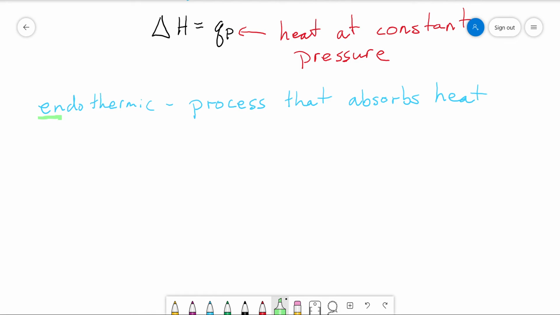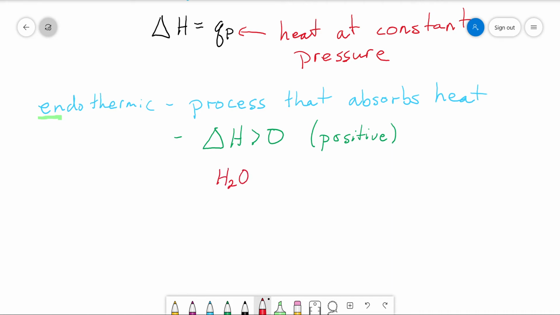Endothermic starts with EN, enter starts with EN. So if it is a process that absorbs heat, that means delta H is greater than 0. And that just means that it's a positive value. Okay, so a simple example of that would be H2O liquid going to H2O gas.